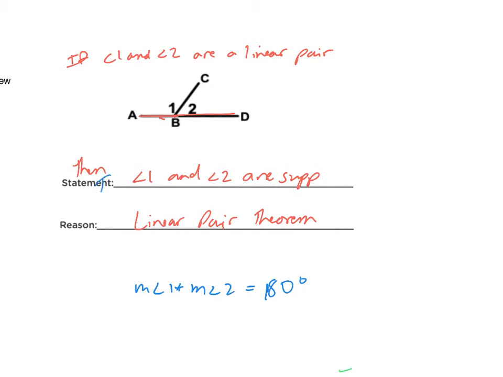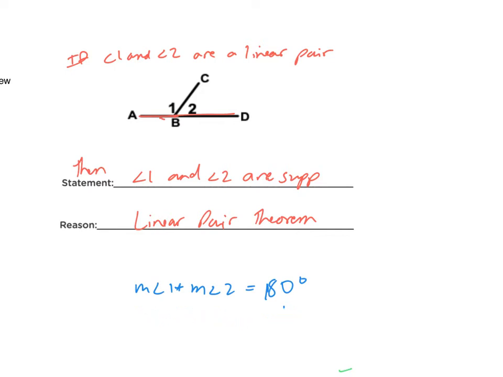So if I've already stated this, then I can follow it with this, and that could be the next step in a proof by definition of supplementary angles. But that would have to be the next step. So without having that, we can't just do this as a standalone statement. We can't go straight from linear pair to 180 degrees.